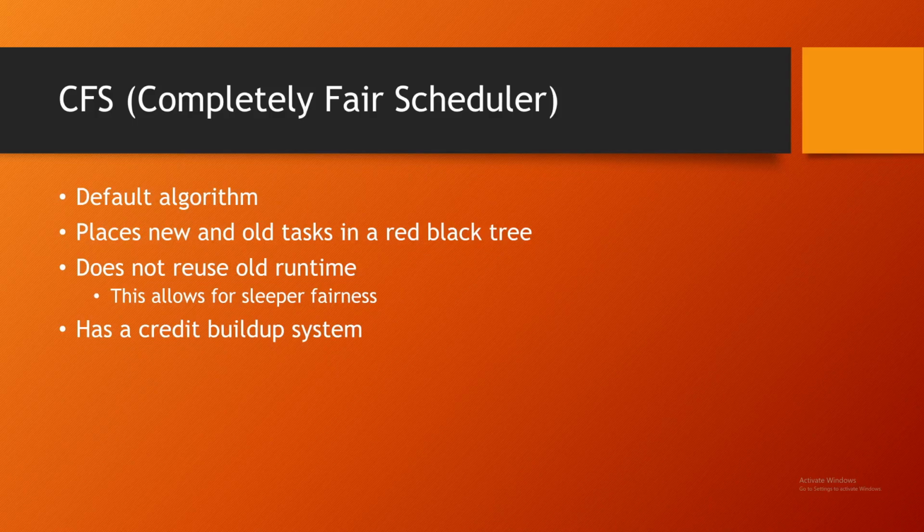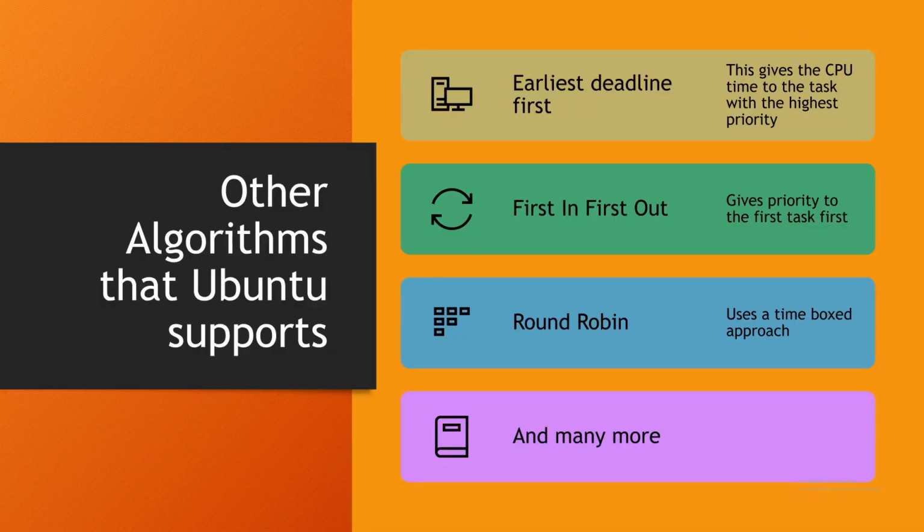So once they wake up or aren't blocked anymore, they get more processing time. That's what is referred to as sleeper fairness. The sleepers get priority because they were sleeping and weren't taking up CPU time.